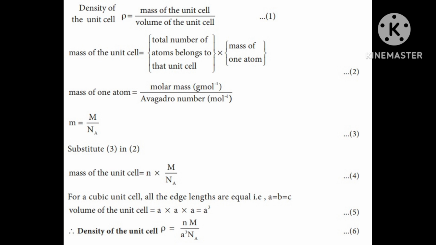Because here, how many terms are there in total? D is equal to ZM divided by a cubed N. Z and M are two terms, and down a cubed and N. Total 4 terms, and including D there are 5 terms.